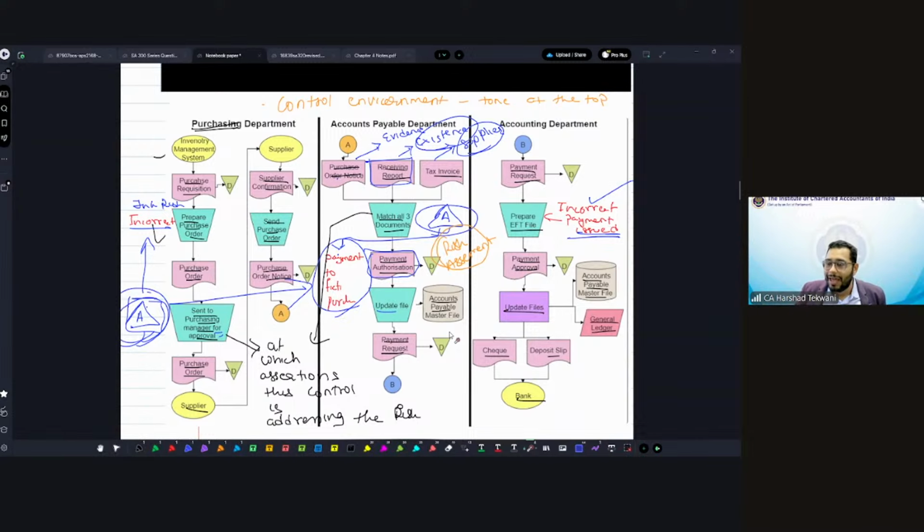One is the whole environment, the setup. Second is the risk in front of which you have the control. Third is the activity which is being done, the doing part. This one is your third component, control activity.